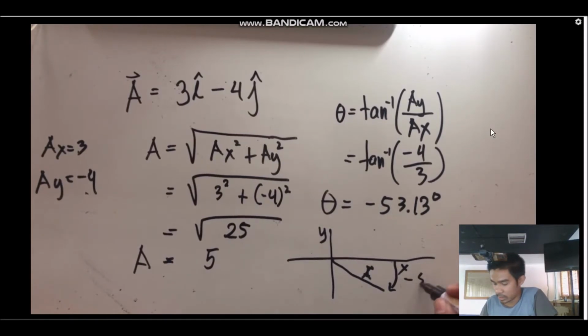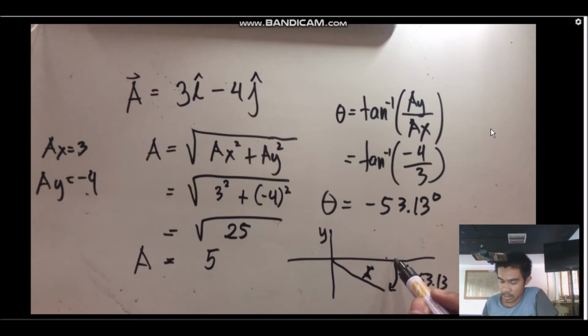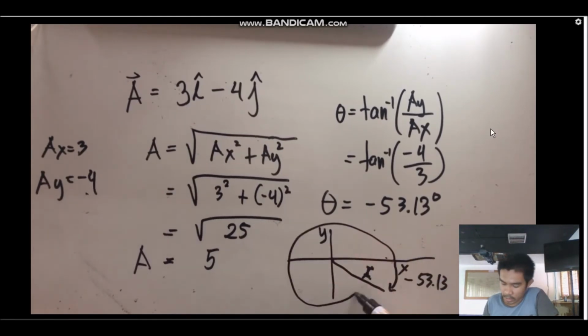If we want to measure the angle from the positive x-axis in the counterclockwise direction, we add 360 degrees.